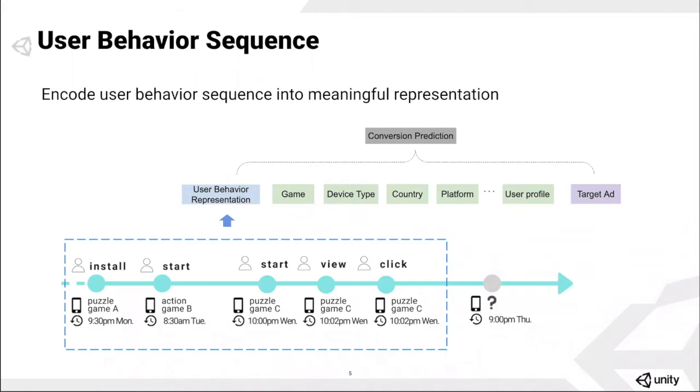One approach to enhance the prediction power of the conversion prediction model is to learn a representation of the user behavioral sequence and use the representation as features to train the conversion prediction model. Based on users' history, we know better about users' preferences, so we can show more personalized ads.